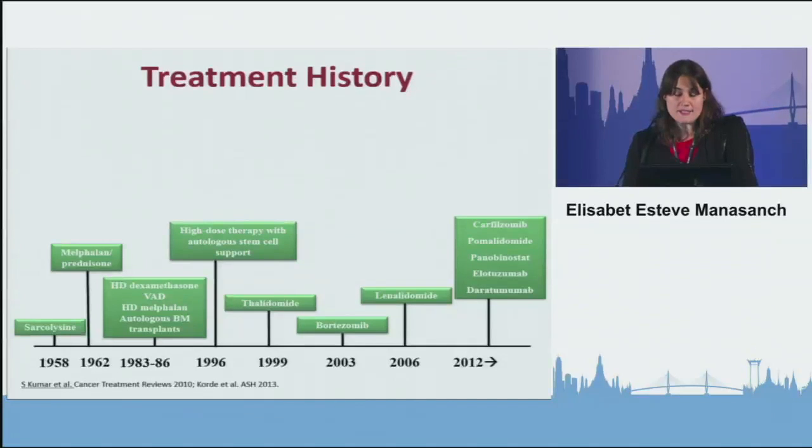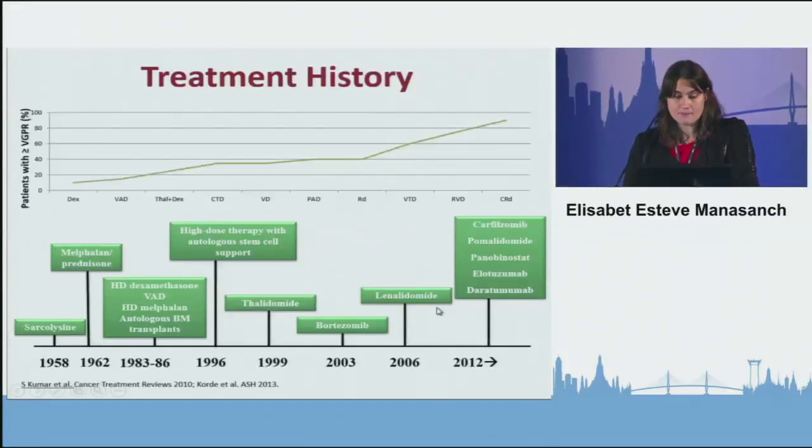You may have seen this slide before. This is just a treatment slide to see how far we've come with treatment for multiple myeloma. It really has only been about 10-15 years since we started using proteasome inhibitors, which was a major breakthrough in the treatment for myeloma.